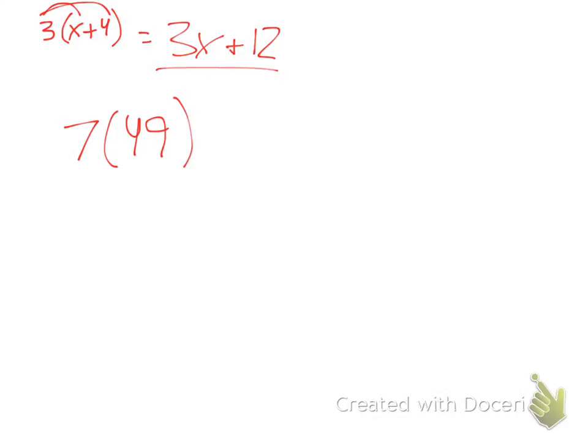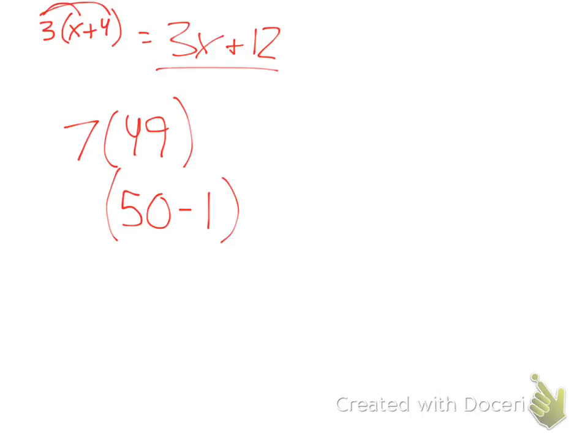7 times 7, yes, but that'd be multiplication. What if I want to use addition or subtraction? What numbers add or subtract to get to 49 that are nice? I mean, 49 itself is fairly a nice number, but would you guys be okay with 49 being 50 minus 1?